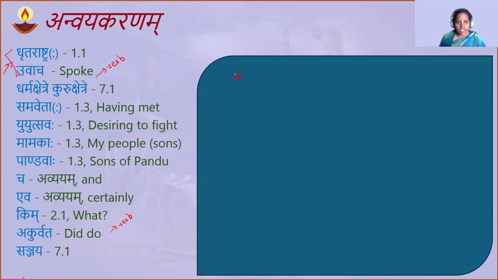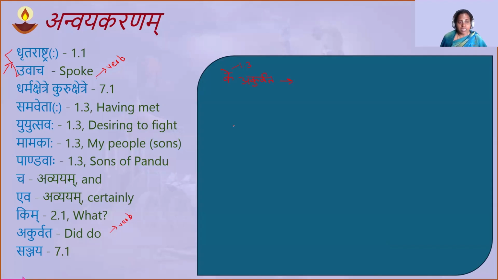See, we have to write kah akurvata. So you have to ask the question kah akurvata. When we say kah, it's in 1.3, so you have to find other words which are in 1.3. That will be the answer to this.